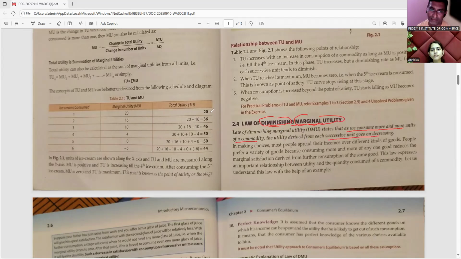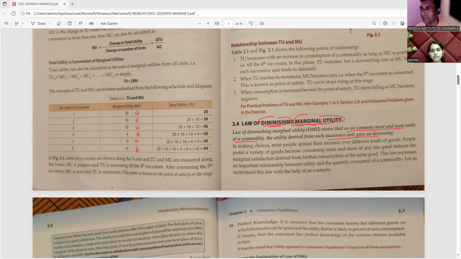You can take a simple example: when you consume more units, more units, and after that it goes to the decreasing level.